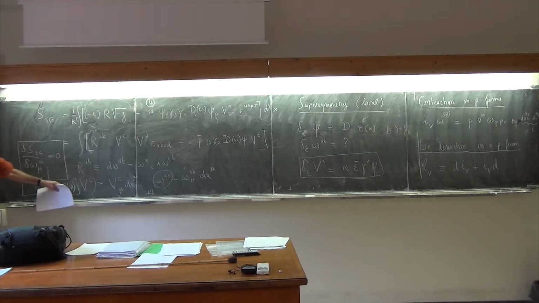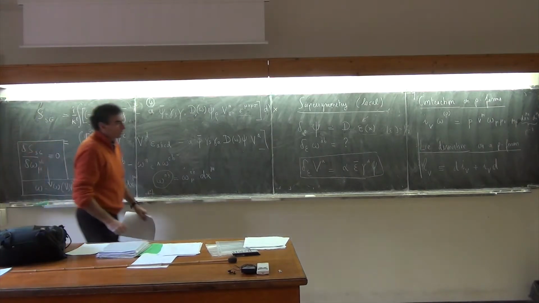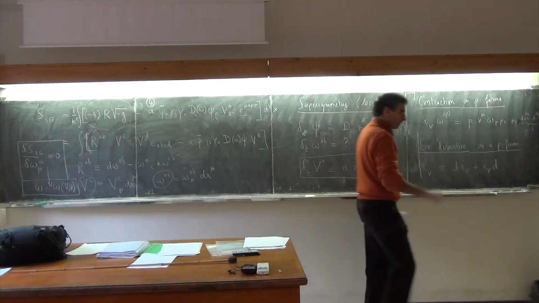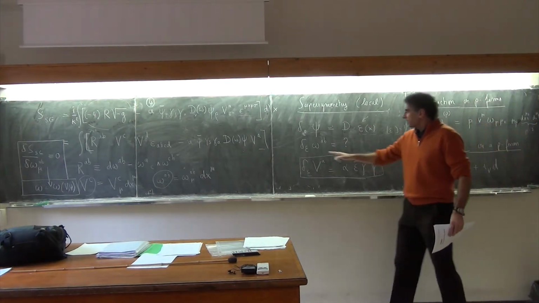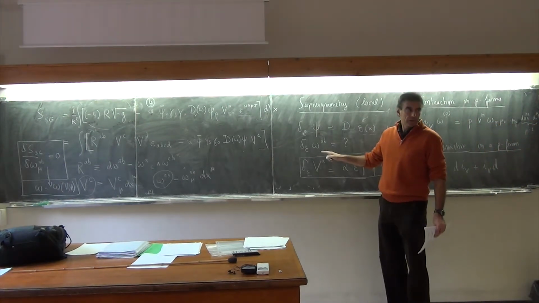In the next hour, at the beginning, I will show you this precise expression. But this comes out of requiring this field equation. Then, you see, if we are in this framework, in second order formalism, then this variation here is totally irrelevant. I can put it even to 0.